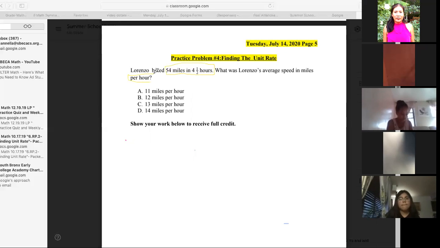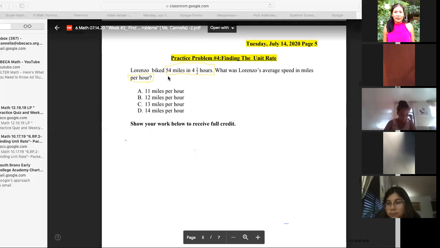Amanda, when we see the word per, what are we actually finding? Do you remember? Yes, the unit rate, which is per, every, each, right? So we're going to find the unit rate. We're going to write that word down: unit rate.